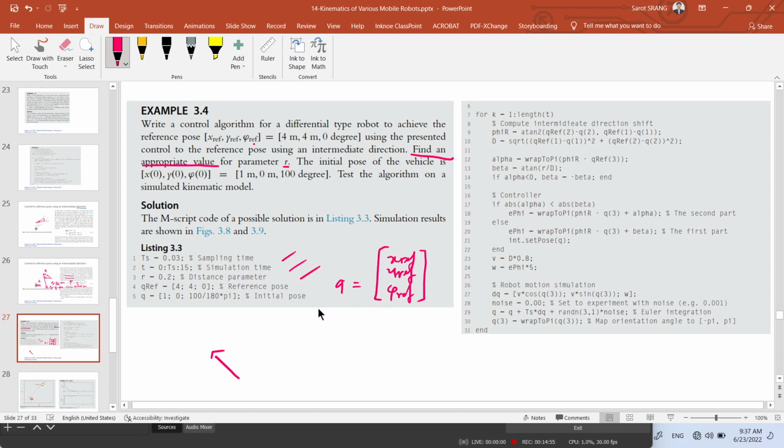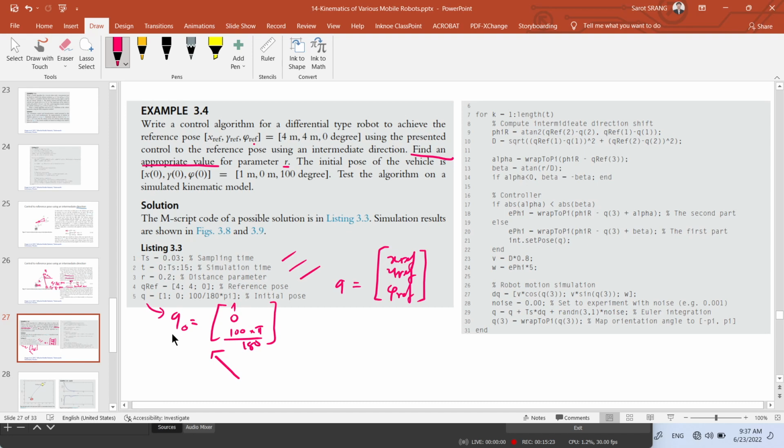And the initial position: Q starts from the initial value and then Q is updated to be the instantaneous value. In some sense, this one is Q0, equal to 1, 0, and then 100 degrees, which is 100 times pi over 180.